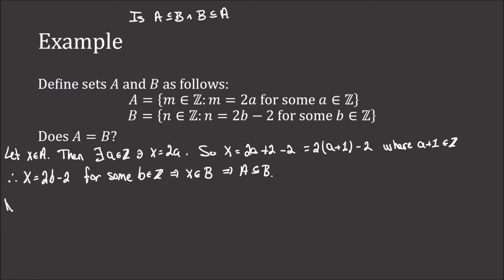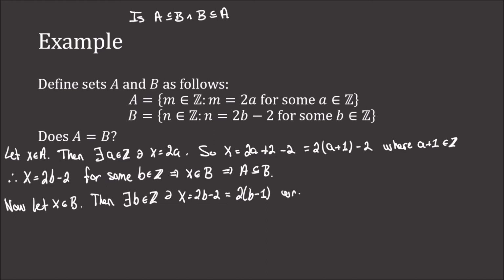Now, let x be in B. What we want to show is that x is in A. So then we have an integer b such that x is 2b minus 2. But we can factor out that 2 and we're left with 2 times (b minus 1), where b minus 1 is an integer.